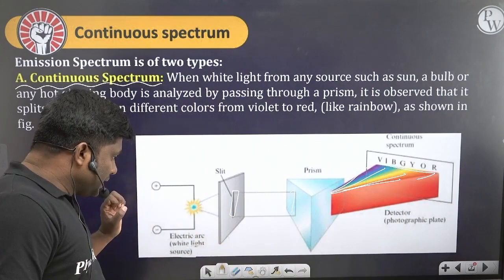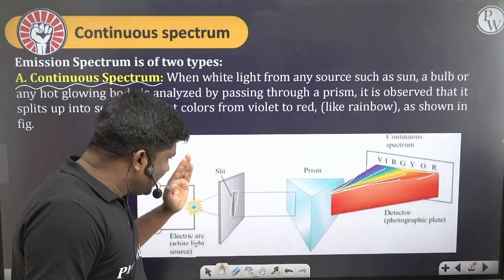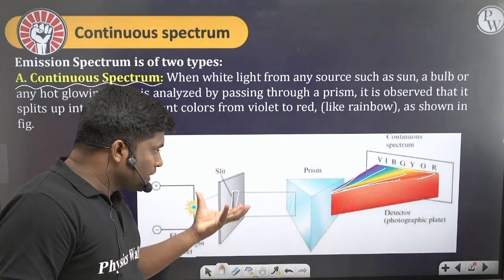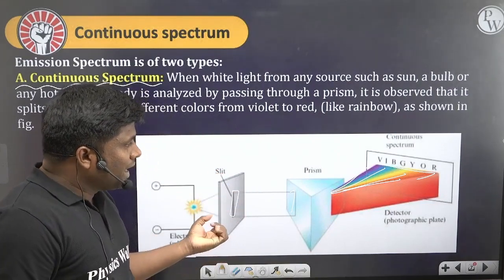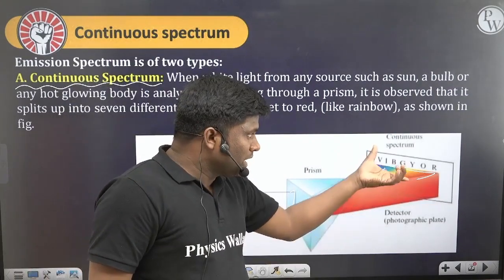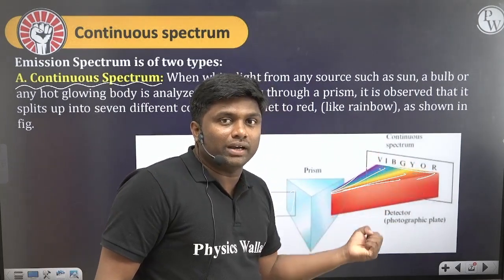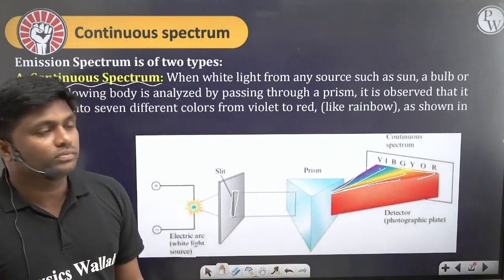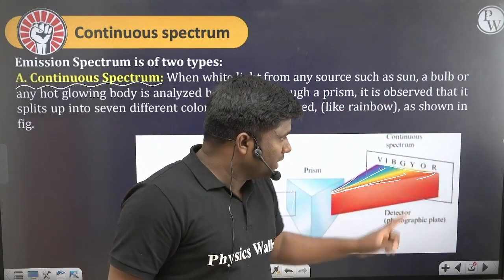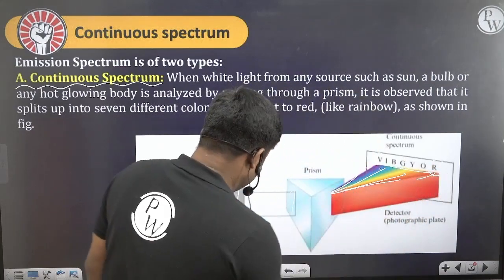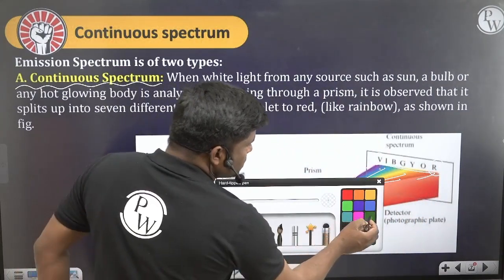Because we are passing electromagnetic radiation on a surface. This surface absorbed radiation and emitted radiation. So we have recorded on the photographic plate what radiation? Emitted radiation. So this is emitted radiation, and it is producing all frequencies of white light.